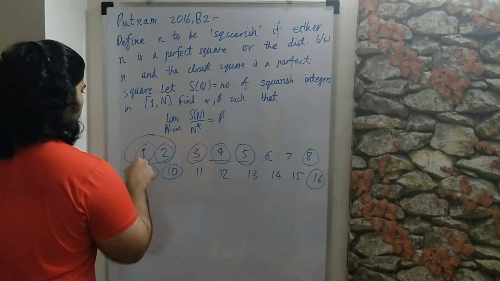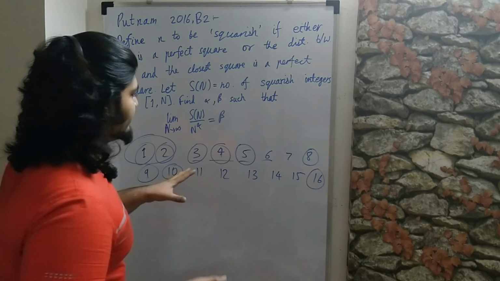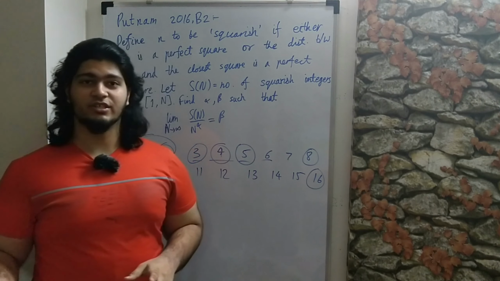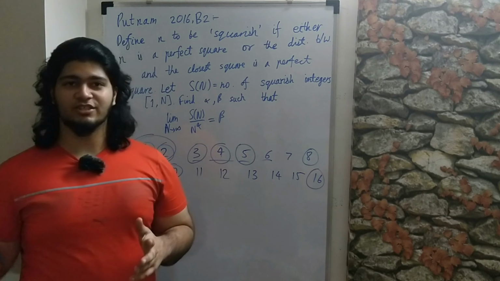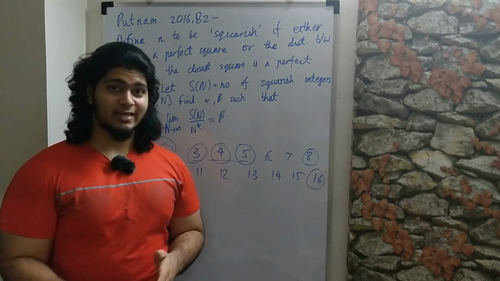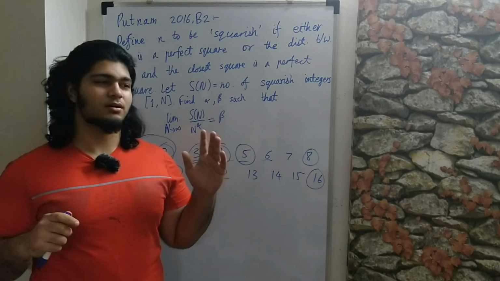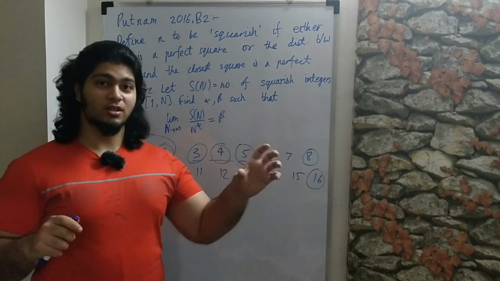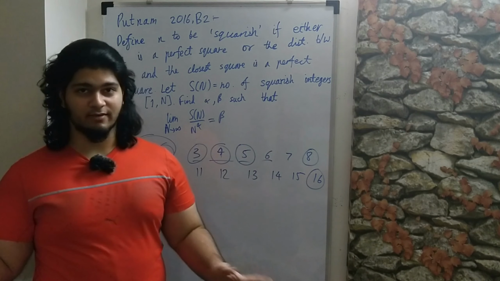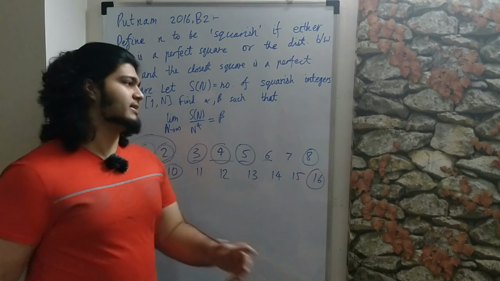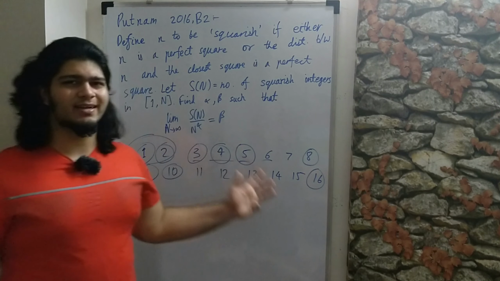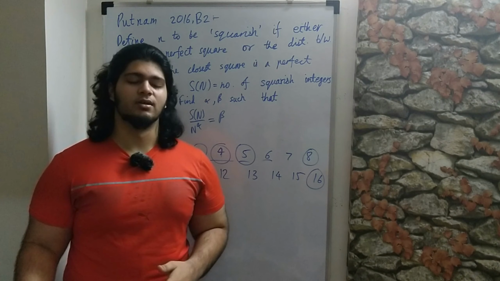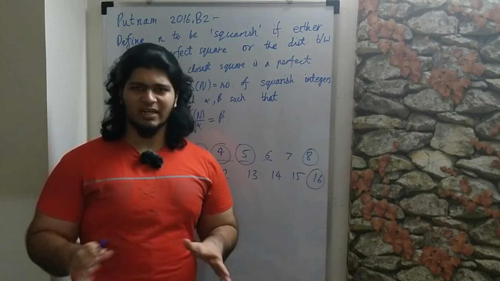These two are linked to 1. So this way we can go to every perfect square and ask it how many squarish integers it has. And that way we can add up all the answers that all the perfect squares between 1 and N give us, and that will give us the answer. And then we have an expression for S_N, and then we can take this limit and we'll see what happens later on. So this is the approach, a brief approach.